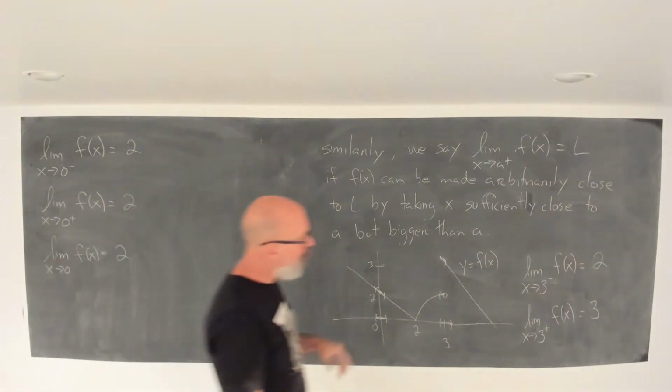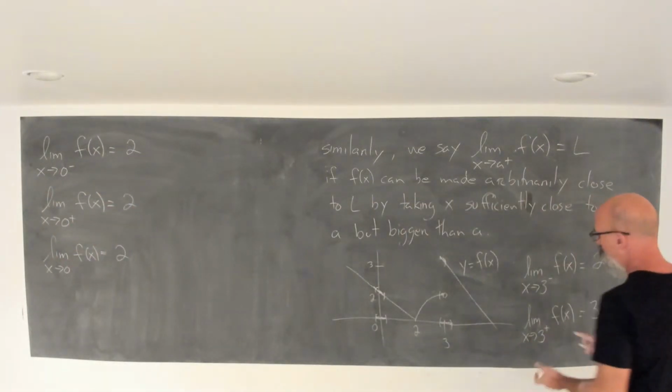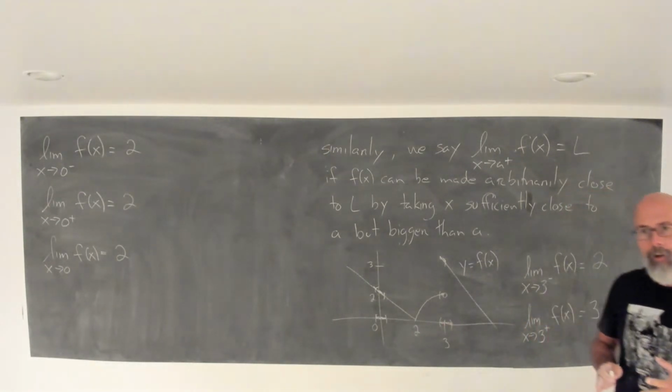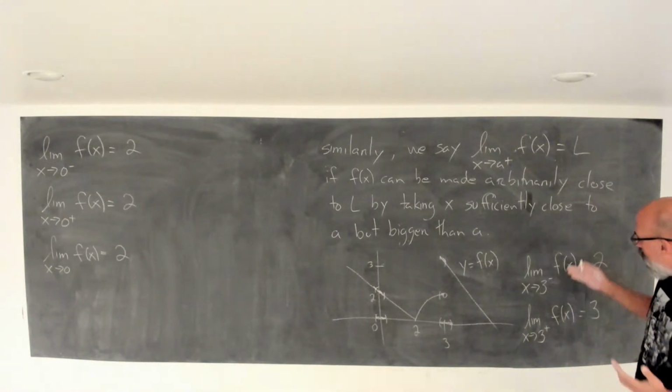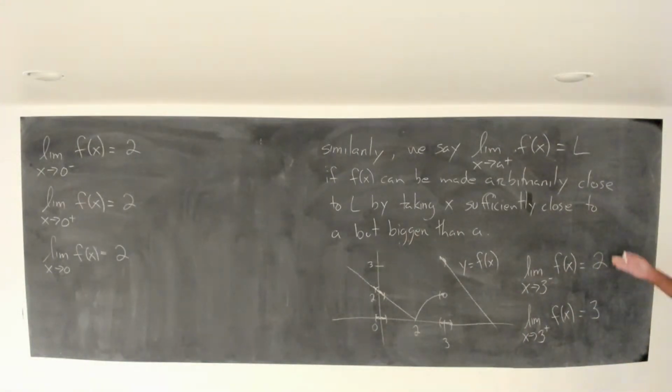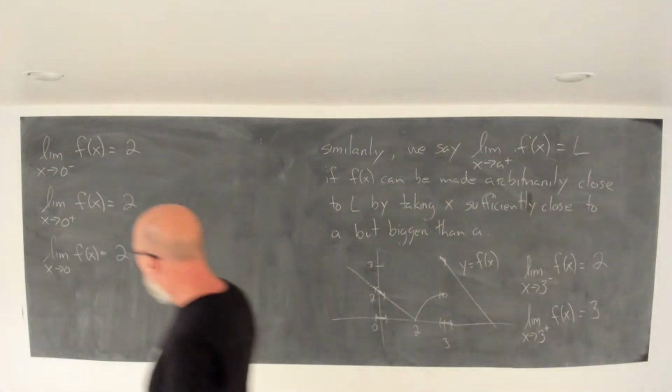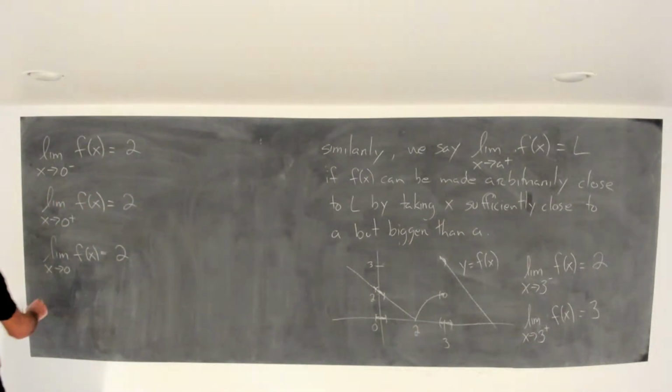As opposed to the limit as x goes to 3, which did not have a unique behavior, so the limit itself did not exist. We see that the limit from the left and the limit from the right are actually different, which leads us to the following theorem, and we'll end with that.